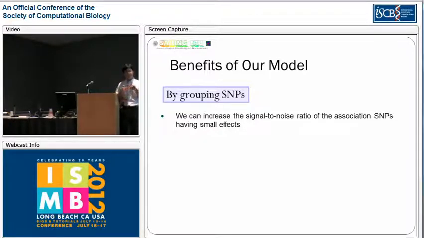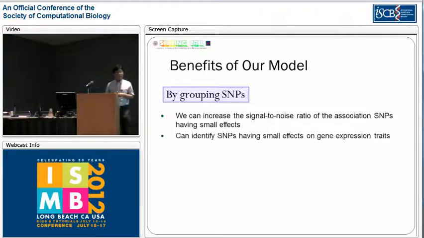But if we can group these SNPs with small effects, it will be easier to detect these groups of SNPs because the signal-to-noise ratio can be increased. So using the increased signal-to-noise ratio, we can identify SNPs having small effects on gene expression traits.